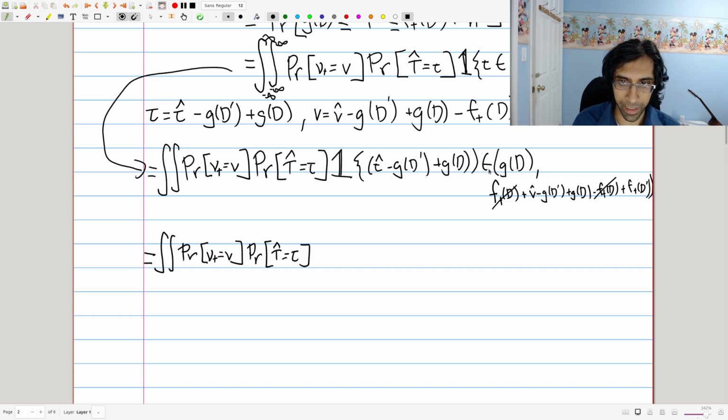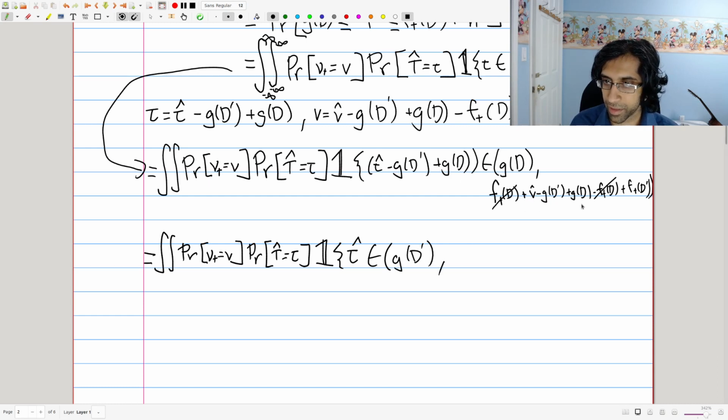And after all the shifting and rearranging, tau hat is in, this subtracts and adds that, so that becomes g of d prime, comma, and these two cancel with this, and this becomes v hat plus f sub t of d prime. And this will be dv hat, d tau hat.